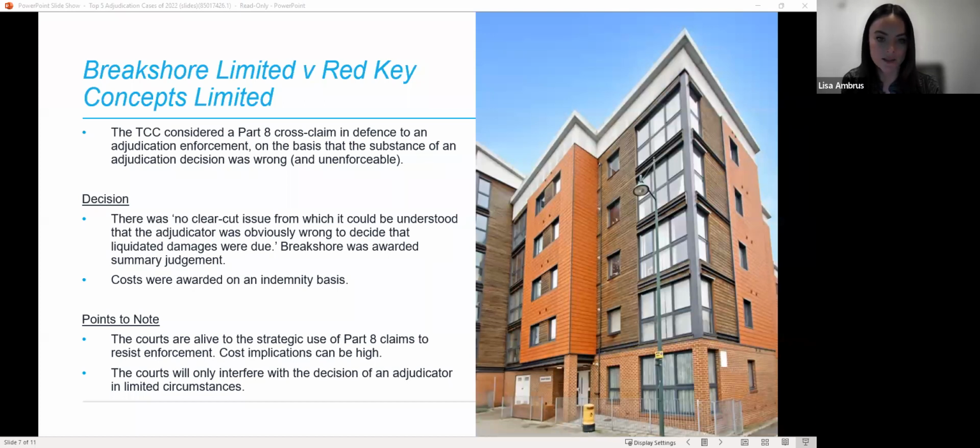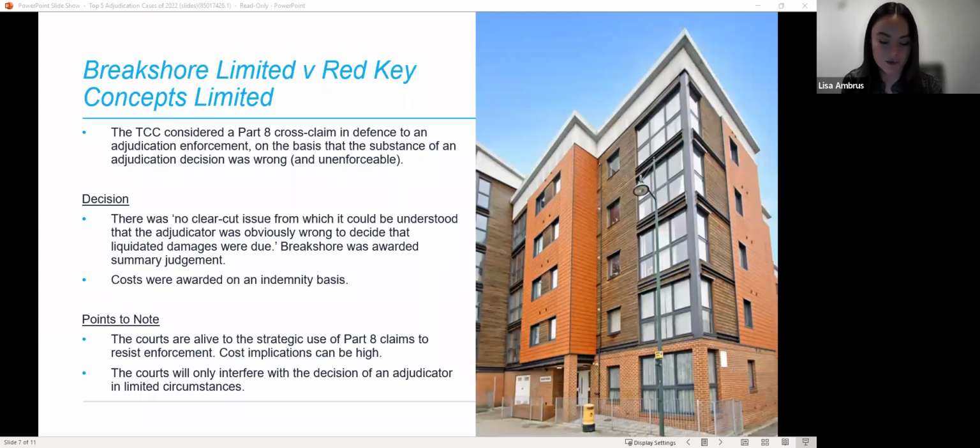The judge highlighted that the height of the building might not have been the true reason for the suspension of the works, given that the local authority did not measure the tower block until 2 months after Red Key had demobilised from site. The judge also found that there was no clear-cut issue from which could be understood that the adjudicator was obviously wrong to decide that the liquidated damages were due. Reakshore was therefore awarded summary judgment.